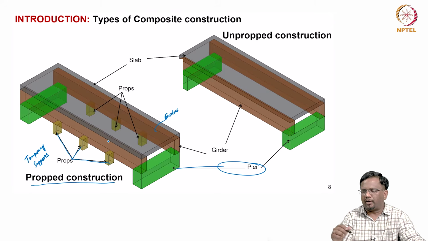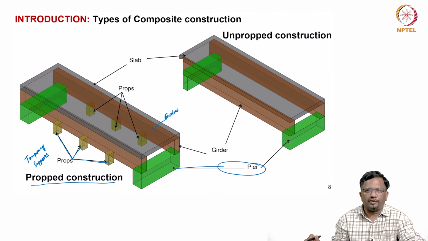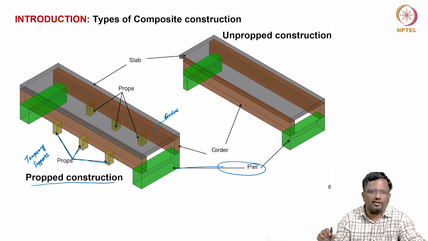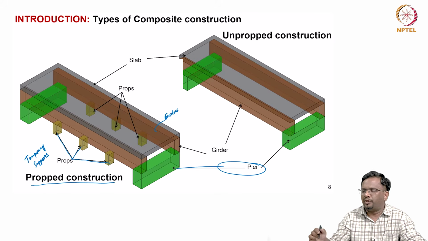Now, another common method is you do not have these props; the supports are only given between the piers or pier caps, and the girders are supported only there. Because you do not have additional supports from props, you call this an unpropped construction.